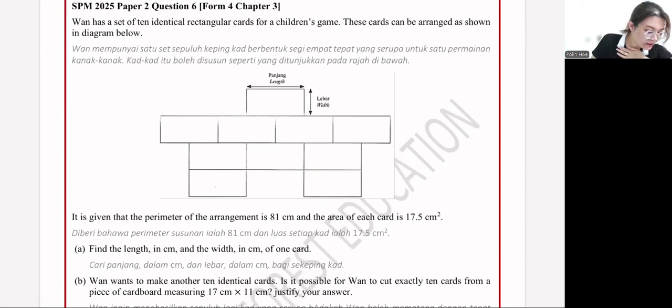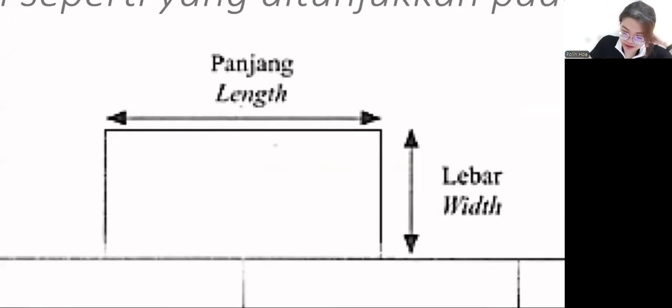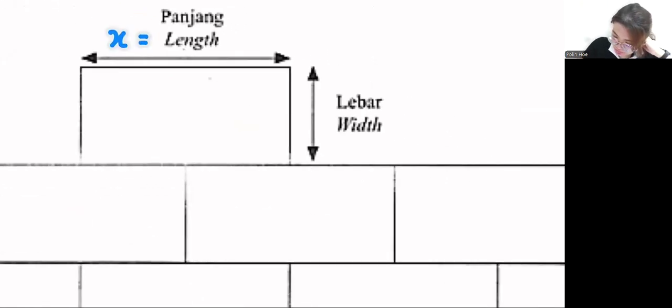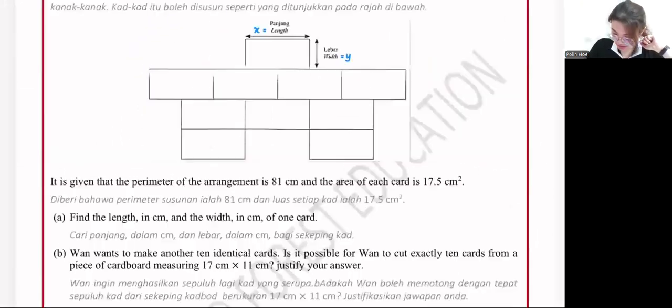It is given that the perimeter is 81 cm and the area is 17.5 cm squared. Find the length and the width of a card. You are not given any unknown, so let me name it. Let's name the length x and the width y.